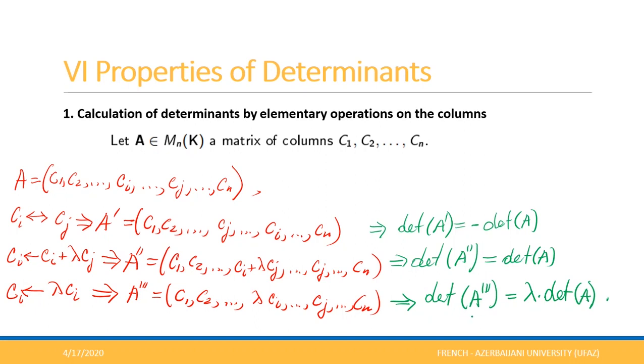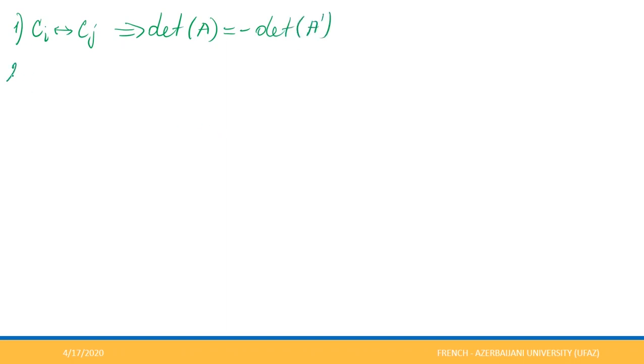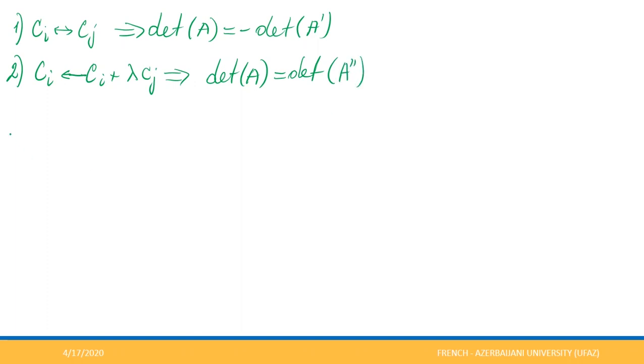Then from here we obtain that if we use this elementary operation, then the determinant of A will be minus the determinant of the new matrix. Second one, if we use this elementary operation, then the determinant of A will be the determinant of the new matrix, A2 prime.